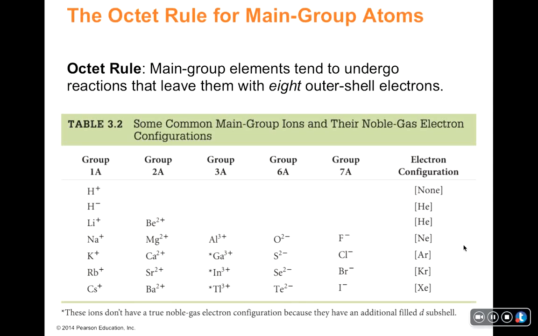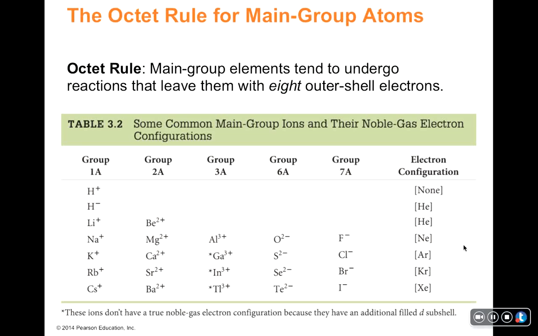Okay, I've mentioned this by now, and hopefully this is making some sense. So for the most part, the main group elements, and that's what we will focus on in this course. We will not focus on chemistry of transition metals much. So the main group elements tend to undergo reactions that leave them with 8 outer shell electrons, whether that means losing so that the shell underneath has 8, or gaining so that the current shell builds up to 8.